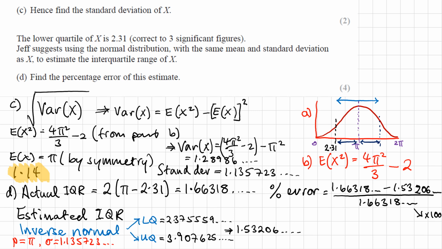And that gives me 7.8836%. So we'll go for 3 significant figures and we'll go for 7.88% as this error between the actual value and this estimated value using the normal distribution. And I guess the reason why it's done that is because I think at the start I say it looks a little bit like a normal distribution that we have here.